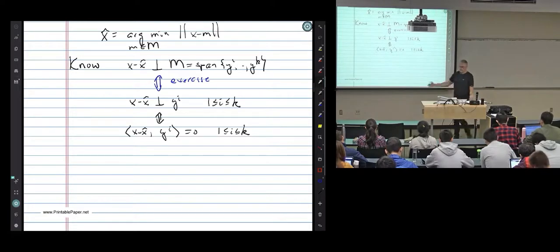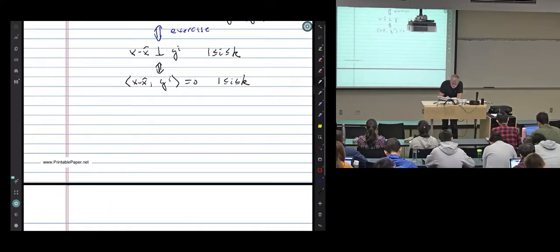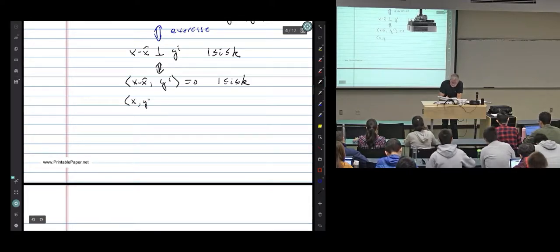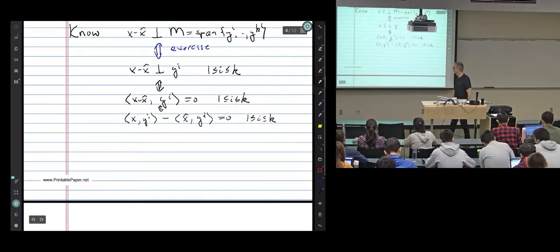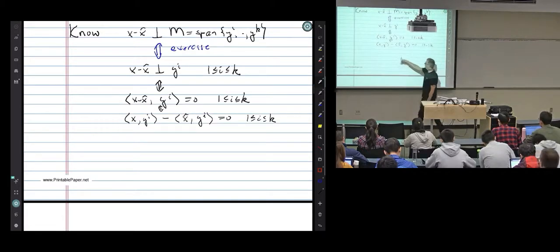And then I'll use linearity to have this as the inner product of x with y_i minus the inner product of x hat with y_i equals 0, if and only if 1 less than or equal to i less than or equal to k. So I use linearity on the left-hand side.